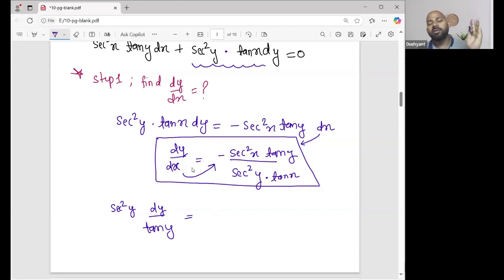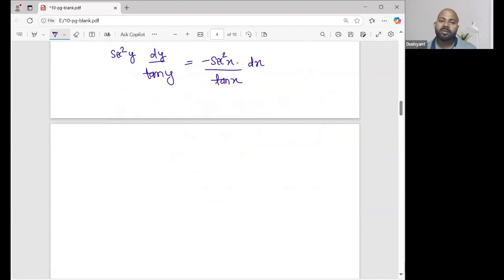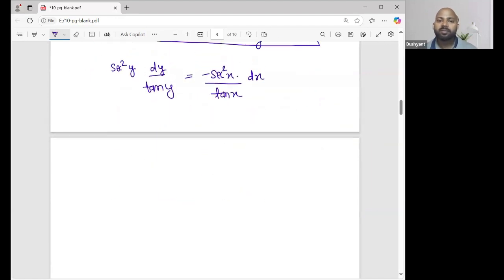So all y should be on one side, all x on the other. We will have sec square y dy over tan y equals negative sec square x dx over tan x.